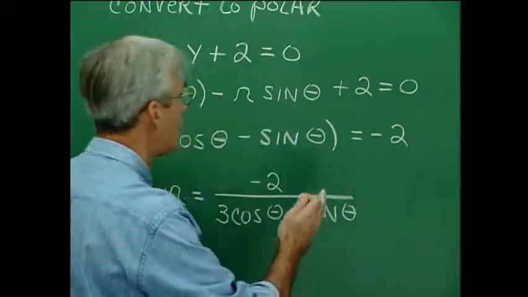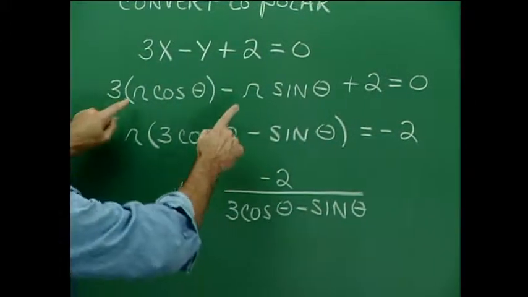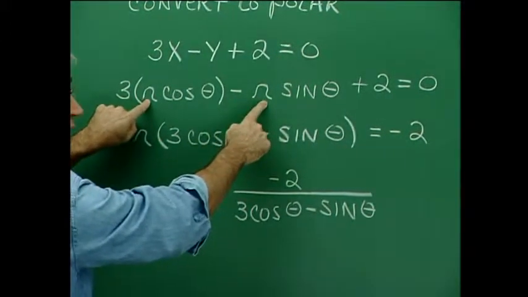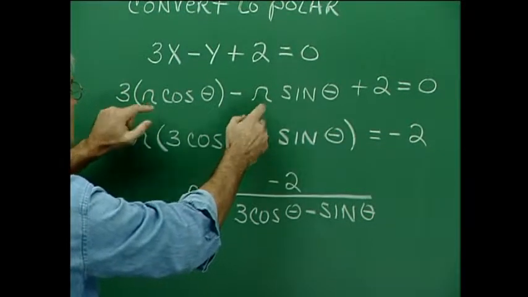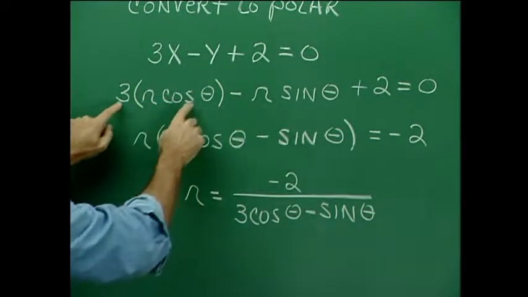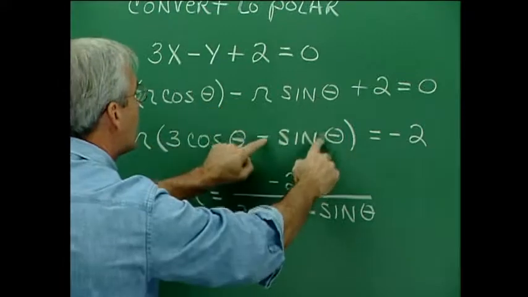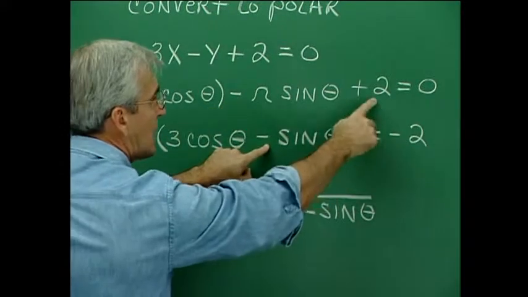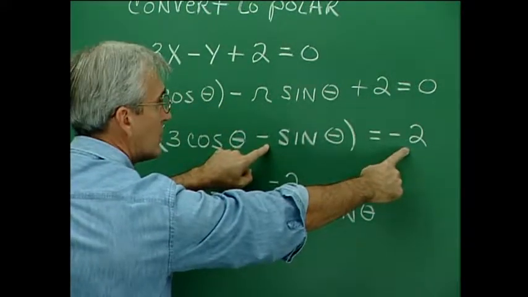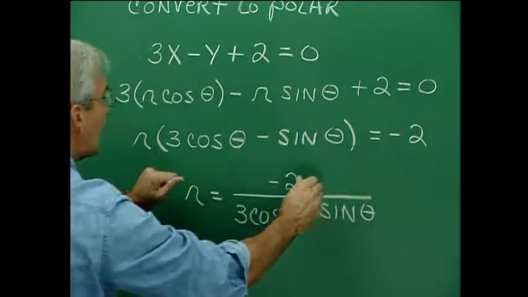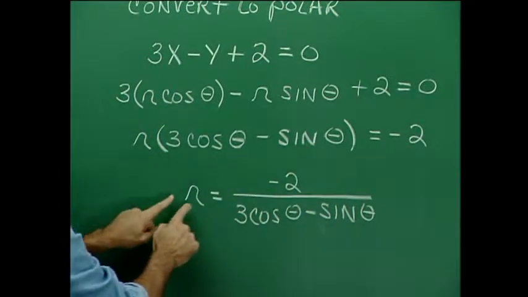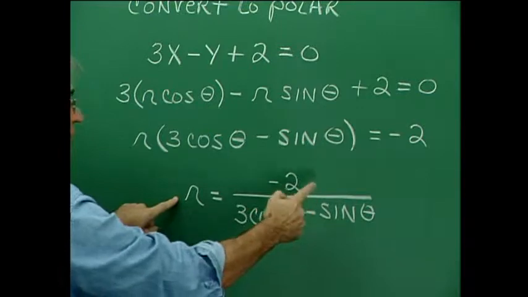Now, if we wanted to manipulate to that form here, we could do it rather easily by identifying this common factor of r in these two terms, pull r out as a common factor, and we have r times (3 cosine theta minus sine theta). And I've subtracted 2 on both sides to accomplish the negative 2 on the right side. Dividing on both sides by the binomial, I find r to be this fraction.